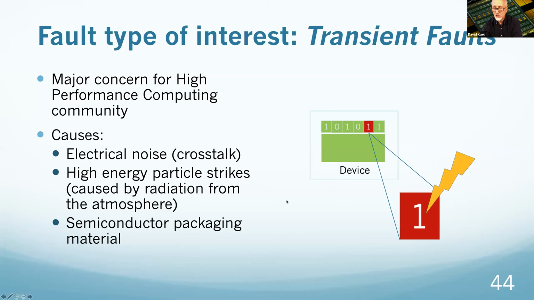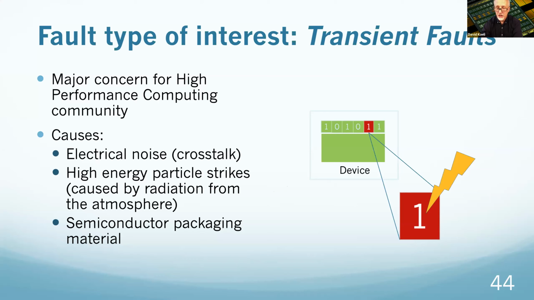So why does it occur? Well, devices basically are storing charges, both in the data path and memories. High energy particles from radiation from the atmosphere, as well as from semiconductor materials, can generate charges.